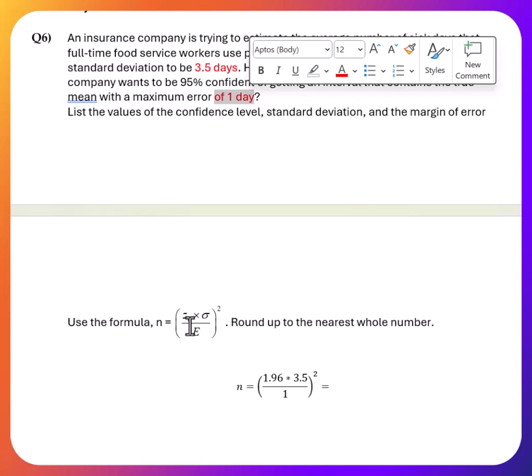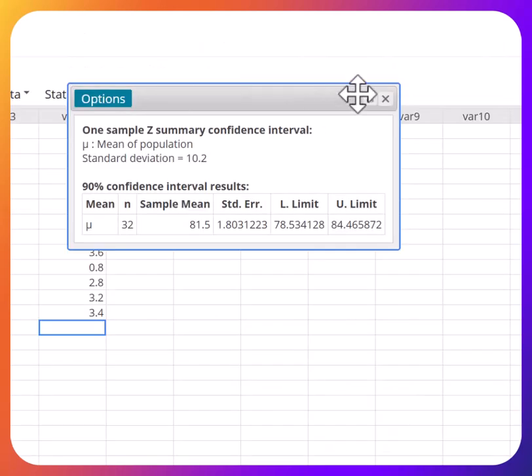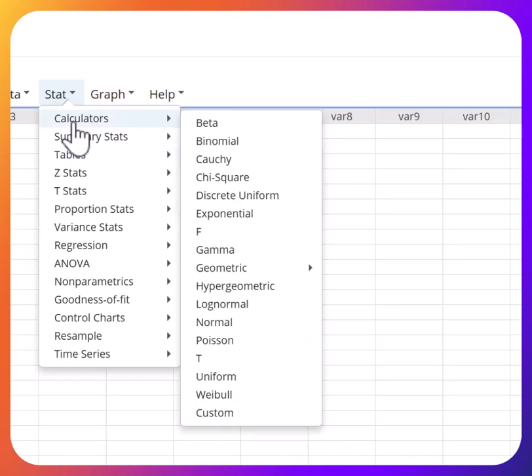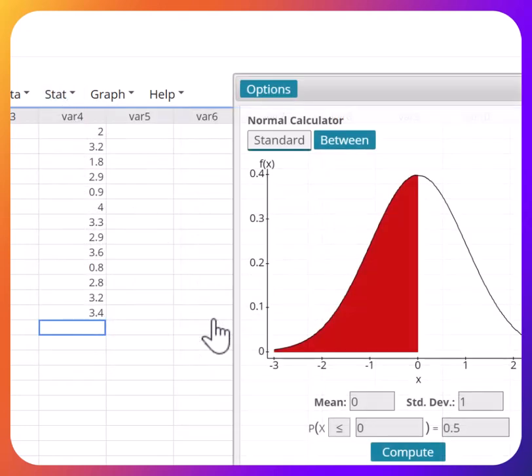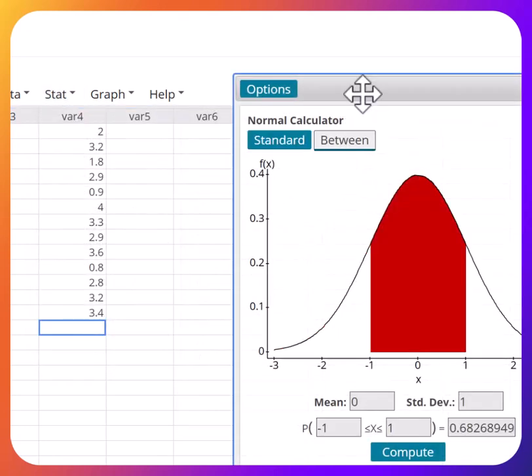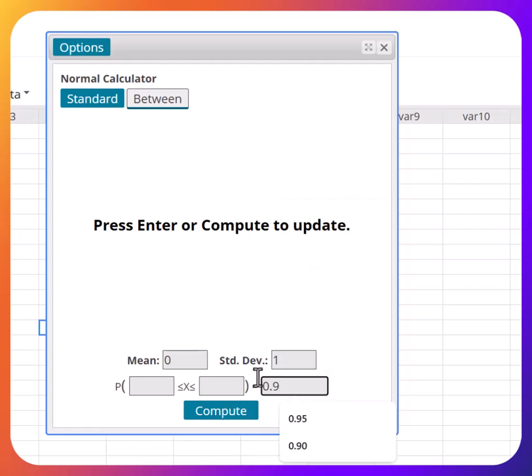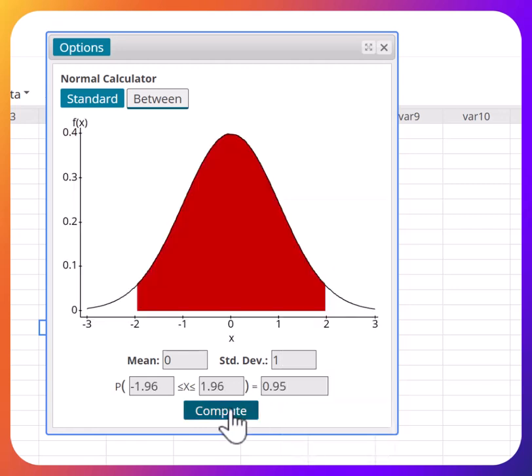And then we still need to find ZC, but he gave me the confidence level, and I showed you earlier how to find ZC if we know the confidence level, and I want to show it to you again. You just go to Stat, Calculators, Normal, select Between, put the confidence level right here, 0.95 in our case, and hit compute, and look, you get the 1.96 again.